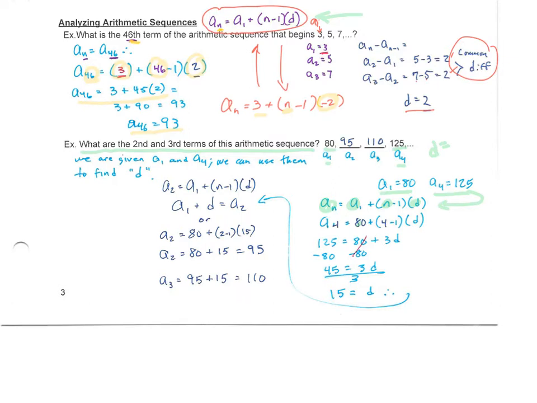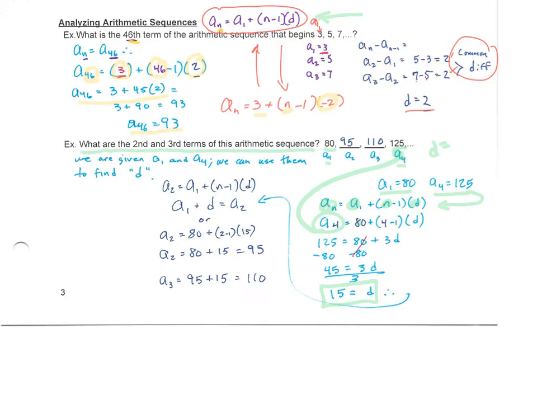Do some order of operations here. This becomes a_4, which we said was 125. So I have 125 equals 80 plus 3d. And now doing my inverse operations, I'm able to isolate my variable, and I know that my common difference turns out to be 15.